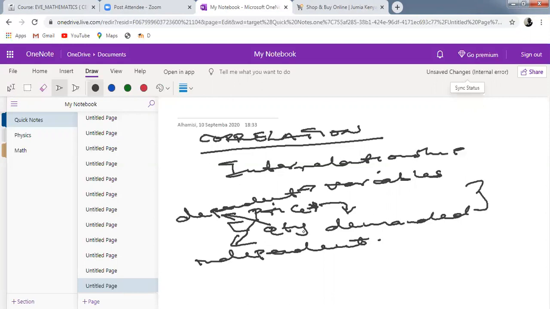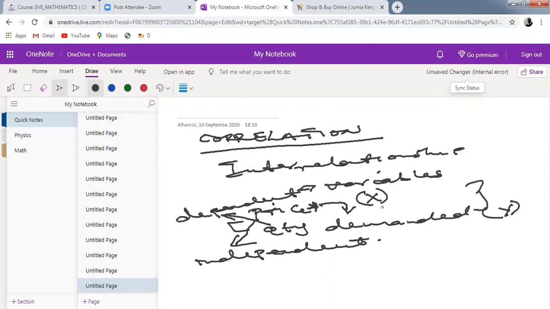So the quantity demanded is our dependent variable. The dependent variable is normally denoted by Y, whereas the independent variable is normally denoted by X.